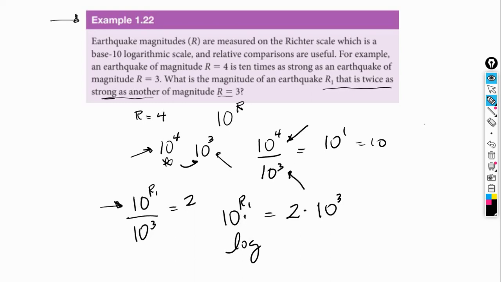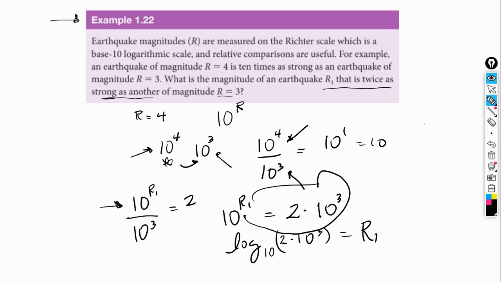because this is 10 to the R equals 1. Remember that we could do the heart rule, but backwards. So we would say, let's just draw the heart, and let's sort of like that, right? So we would say log base 10 of the answer, right? 2 times 10 to the 3 is equal to R1.